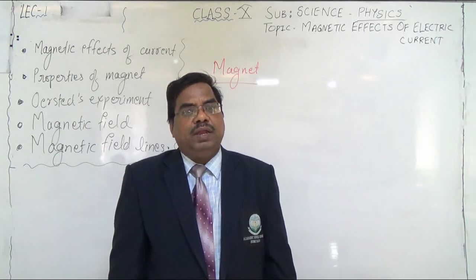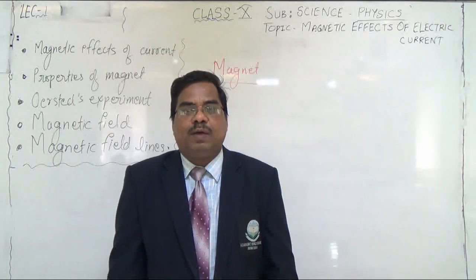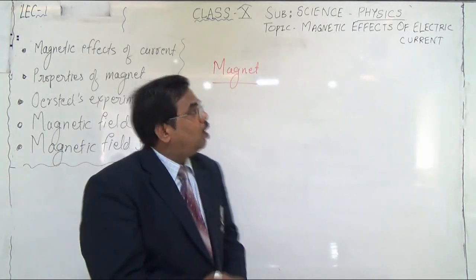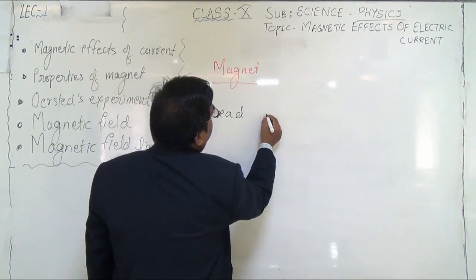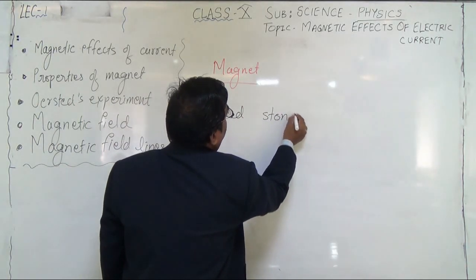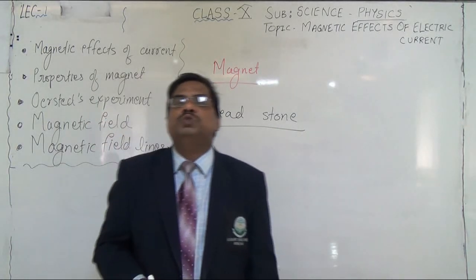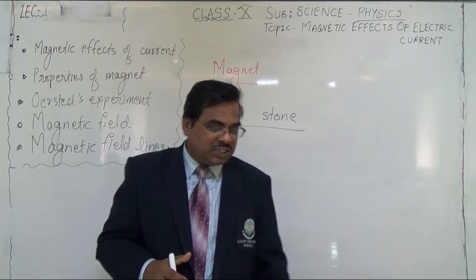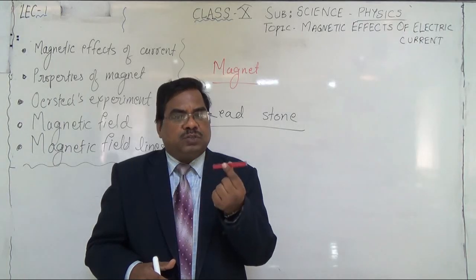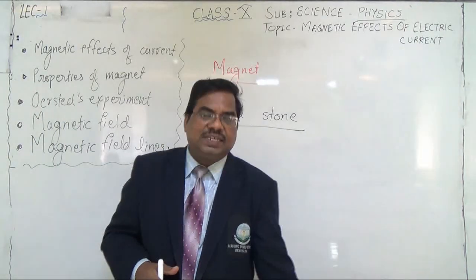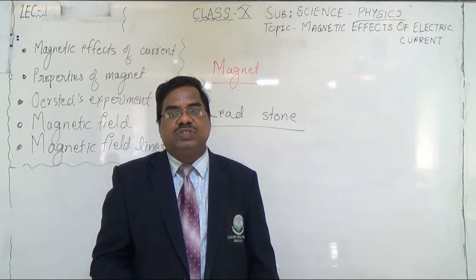Then in olden times also people used to make use of the magnet as a lead stone. Lead stone means it used to show the direction. Actually, the north pole will always show the north direction. It is actually north seeking, and the south pole is south seeking.